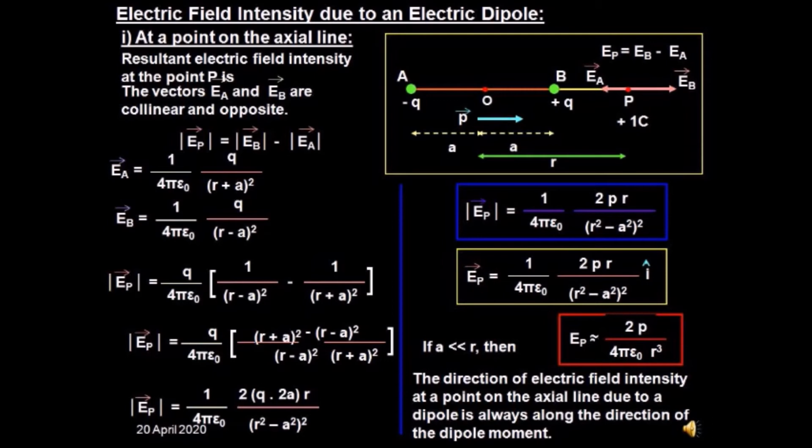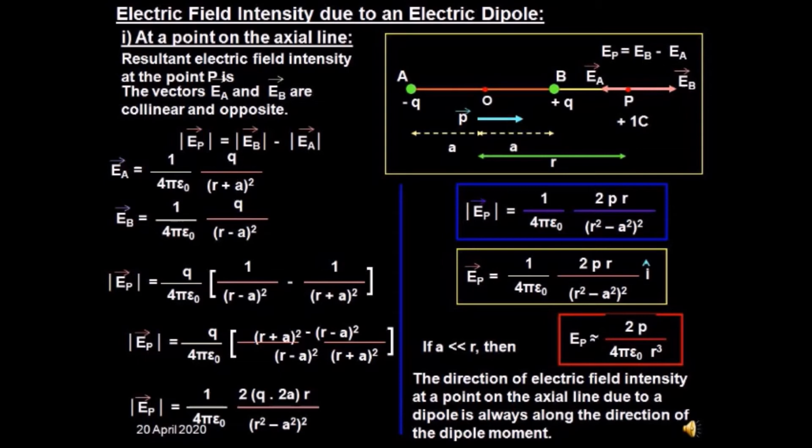So whenever two vectors are in the opposite direction and we have to find the resultant of them, then we have to subtract them, and always subtraction will be done from the bigger. So let us see which one is bigger out of EB and EA. Let us see the formulas on the left side, EA and EB formulas.